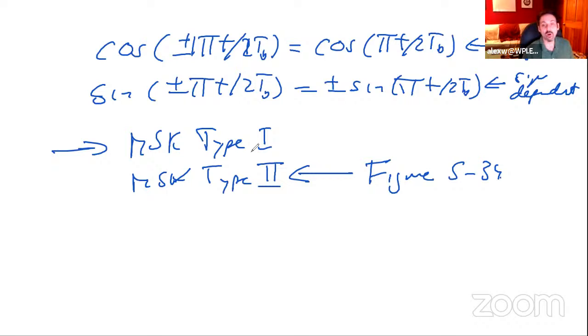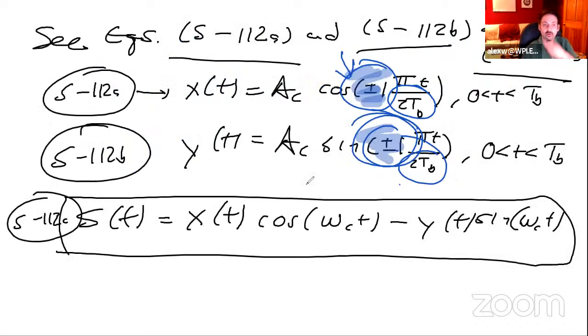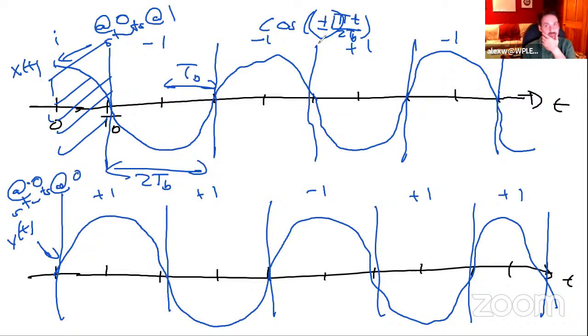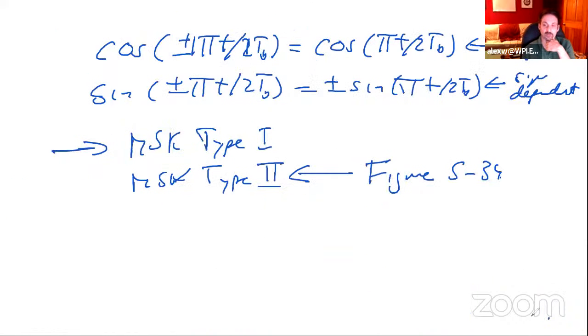But type 2 is what we've been drawing, doodling several slides ago. Here it's interesting because of when we have the plus and minus pi, and then the sinusoid, that has that alternating quantity.